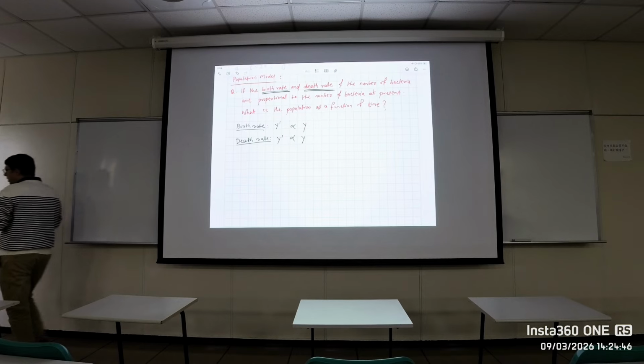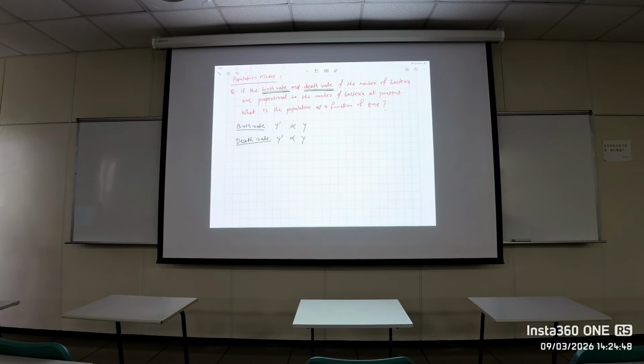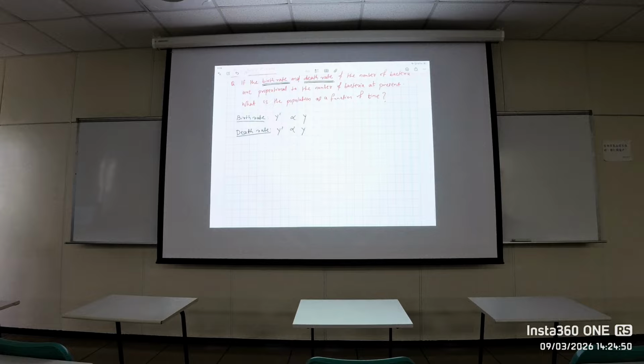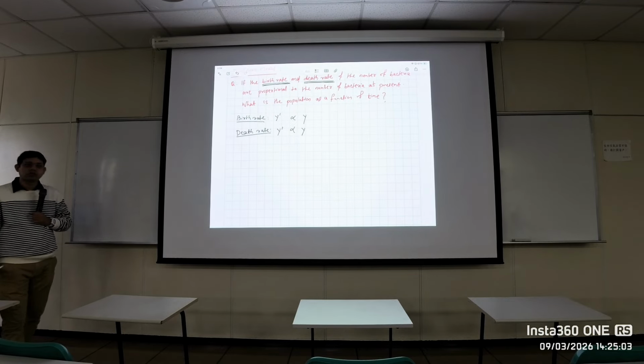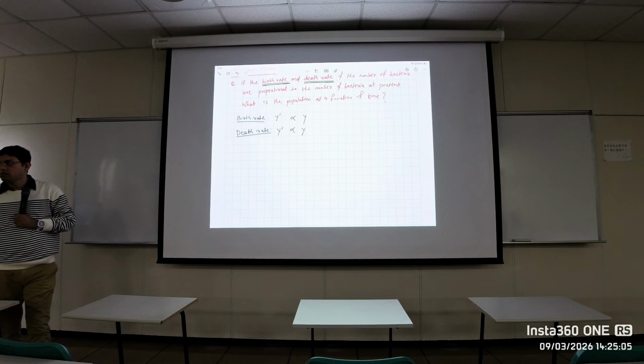That's why I'm writing Y dash proportional to Y and Y dash proportional to Y. The birth rate is proportional to the number of bacteria as well as the death rate is proportional to the number of bacteria. Is it making sense?